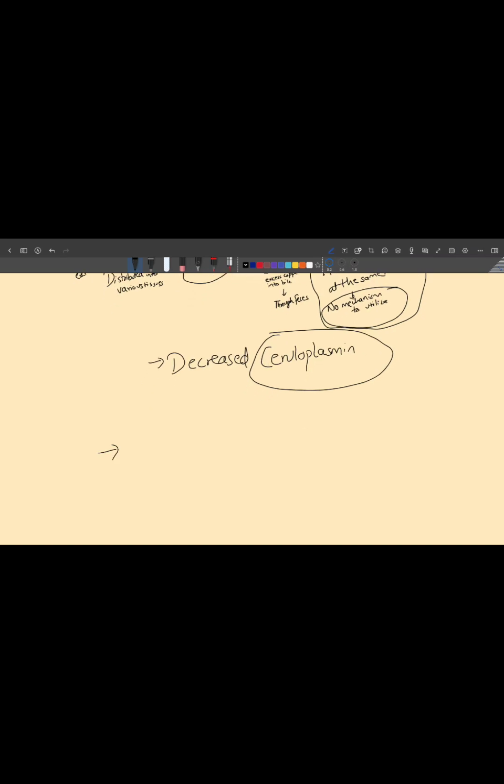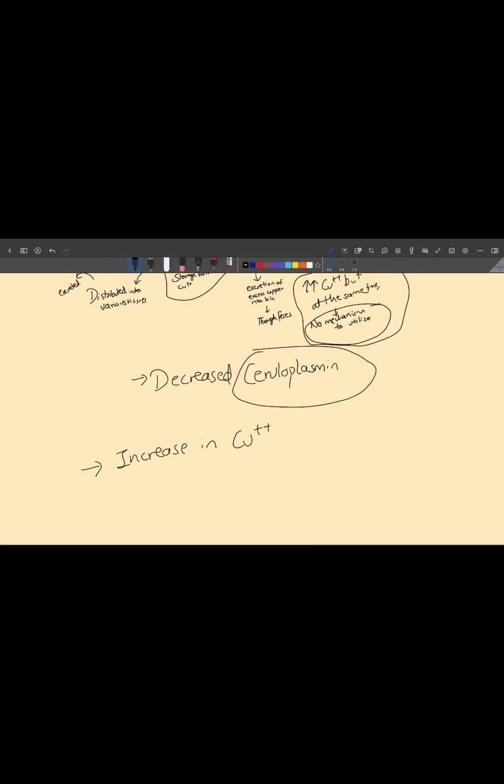Another one is an increase in copper. Like I said, there is an increase in copper, but not in the form that can be utilized by our body. So increase in copper, specifically hepatic copper, and this is the most sensitive one.